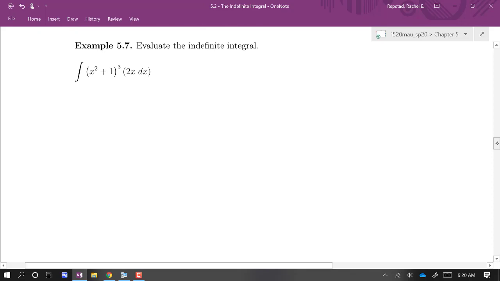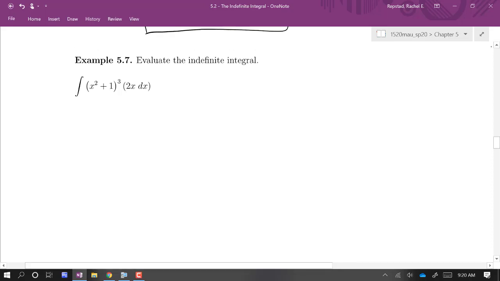Okay. Now, in this example, we're going to see why we always write that general power formula with u's. The general power formula that we've been using is that the integral of u to the n du is u to the n plus 1 divided by n plus 1 plus a constant. We're going to see a technique used here that we're going to use over and over and over again.